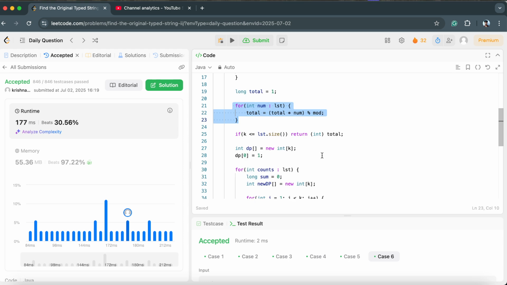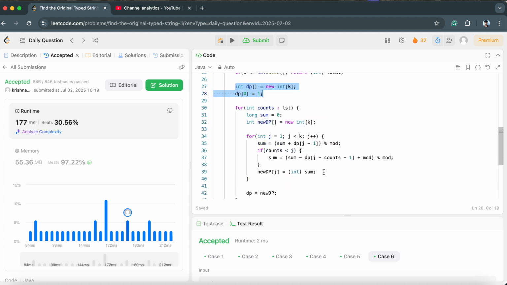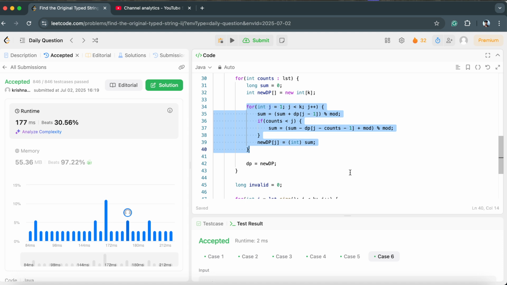And that's all for this particular for loop. If we consider space complexity, it is big O of k. And going ahead, this one runs 26 times and this is k times, so 26 cross k is the complexity that we got at max.